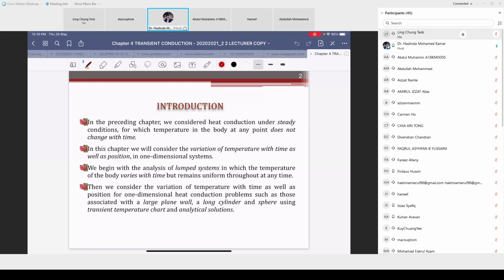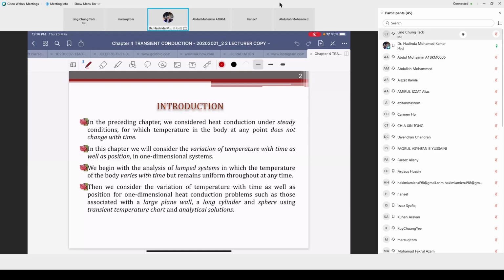For transient, there are different methods, because we have to consider time and position as independent variables, along with temperature.